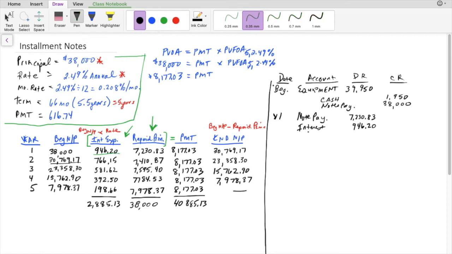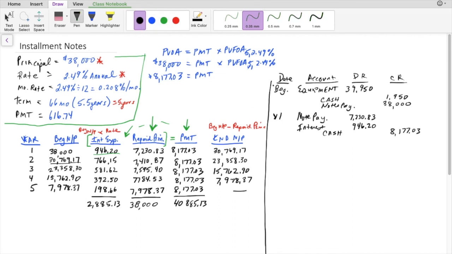Then I'm going to credit cash for my payment amount, $8,177.03. So my payment amount comes from the payment column. So these 3 columns represent the amounts I need for my journal entries.